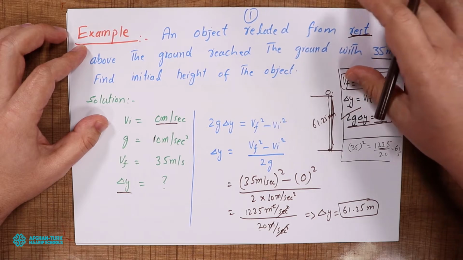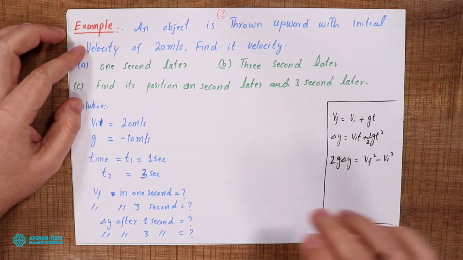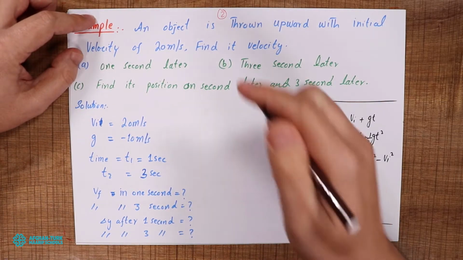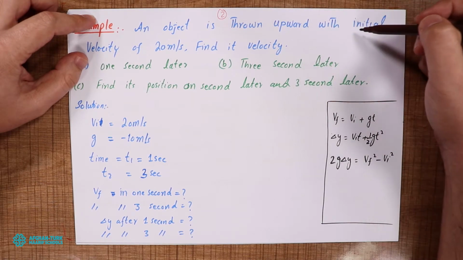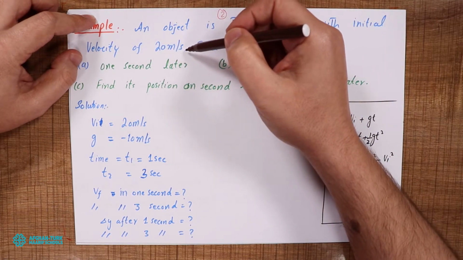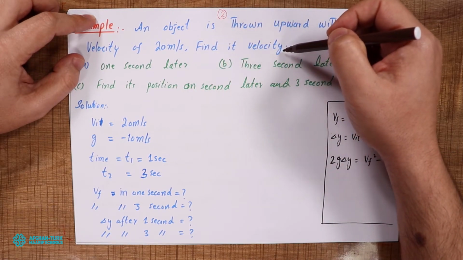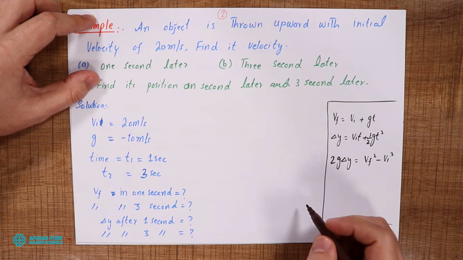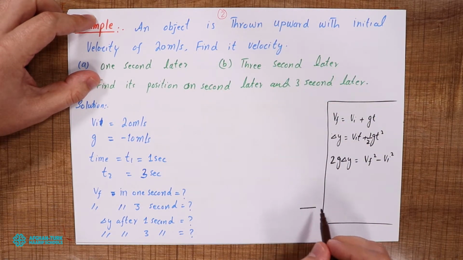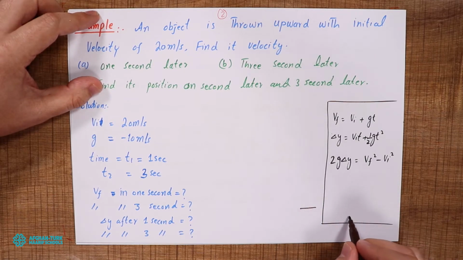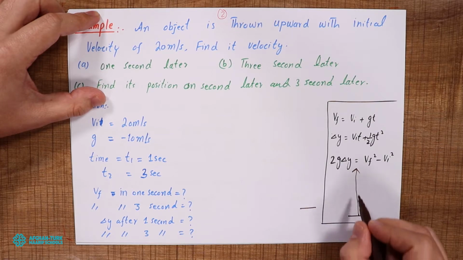Now on the next page, let's see another example and what they are going to ask. An object is thrown upward with an initial velocity of 20 meter per second. Find its velocity. Again, an object is thrown upward, like here. Now they throw some object from down to up.